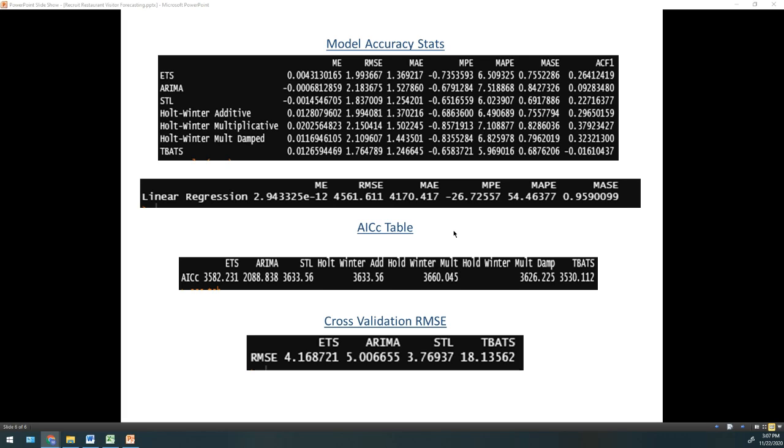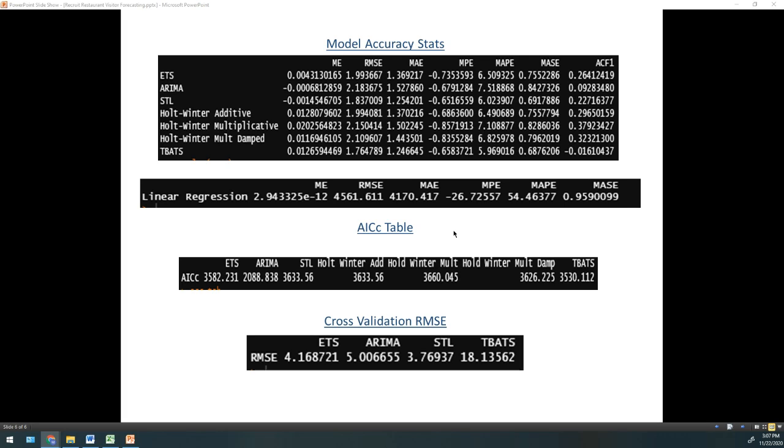It's a bit more complex than these other ones, so I started from simple and then got to a bit more complex. Looking at it from the root mean squared error perspective, you can see that TBATS actually performs quite well. It's got the lowest RMSE, followed by the STL, and then everything else is, broadly speaking, in the same kind of group.